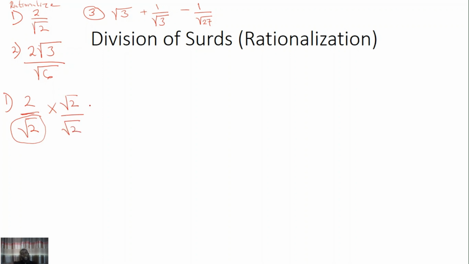Now, if you multiply 2 by root 2, that will give you 2 root 2, all over root 2 times root 2, which equals 2.